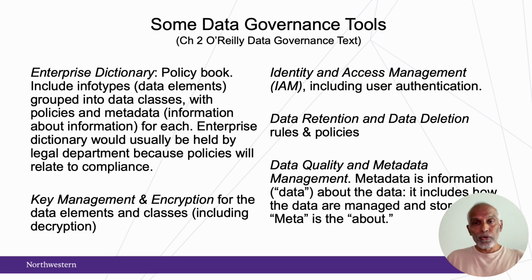Okay, so in a sense, some of the elements of the data dictionary, the Enterprise Dictionary, are actually metadata, but it goes beyond that. For example, the data provenance details are part of metadata that don't usually come under the dictionary.